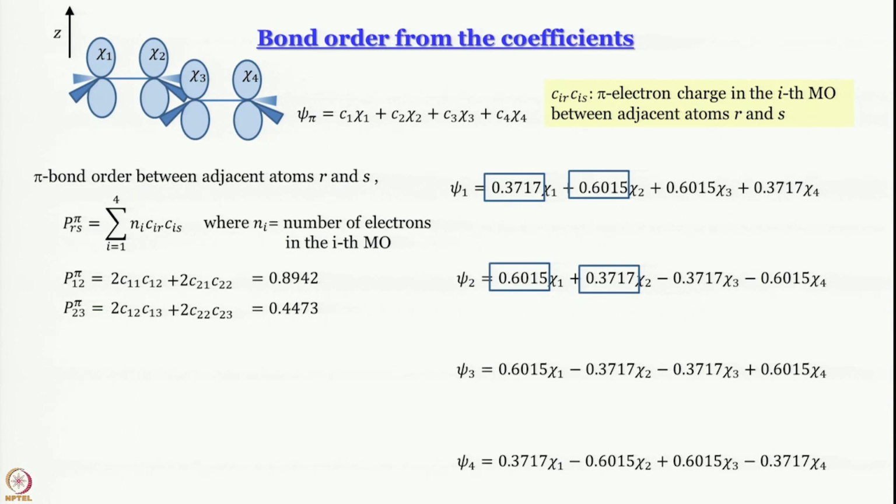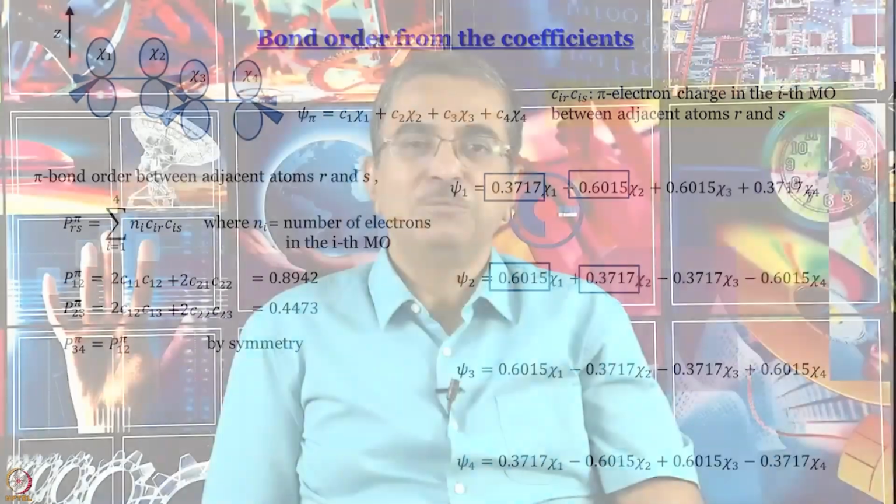What does that mean? Well, let us finish the story. It is not very difficult to understand that P34 pi has to be equal to P12 pi because of symmetry, right. They are all identical. If I just flip the molecule, then 1 and 4 will change positions, and 2 and 3 will also change positions.